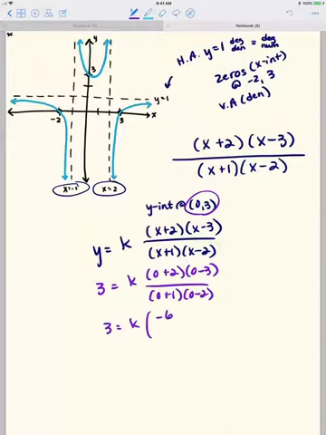So the top is -6, the bottom is -2. -6 divided by -2 is +3. So that constant out front here is just a 1, and you don't really write the 1.